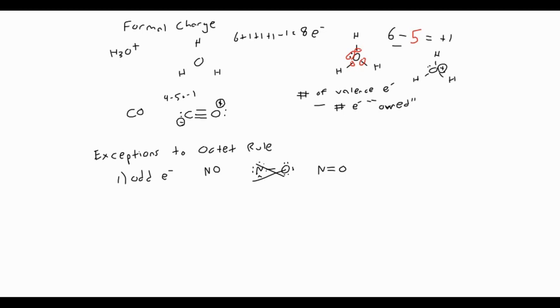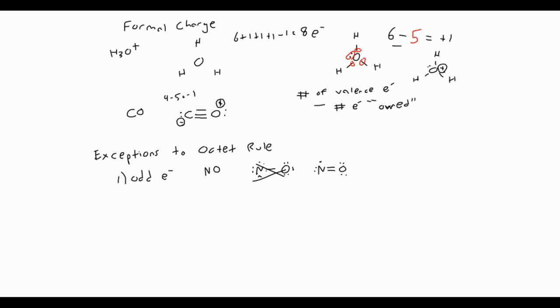Let's make one of these into a double bond. Now we have 2, 4, 6, 8, 10. And now we're just going to have a single electron on the nitrogen. If we look at our formal charges, nitrogen has 5 usually, minus 5 now is going to give us 0.